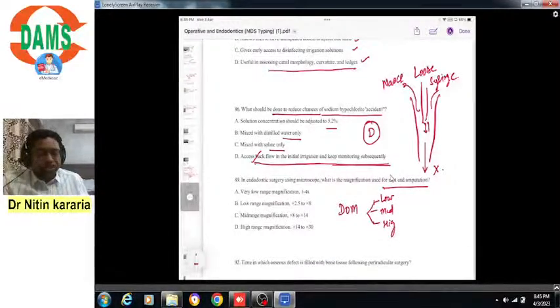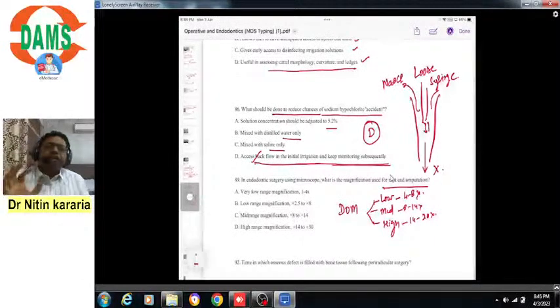Low magnification is 4 to 8x. Medium magnification is 8 to 14x, and high magnification is 14 to 20x or maybe higher. So whenever we are doing a surgical procedure like root end amputation, the majority of the procedures are done in medium magnification.